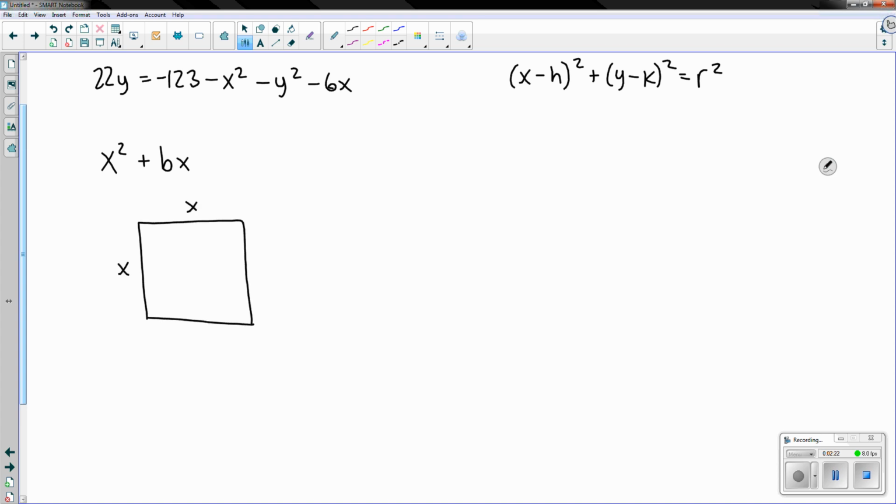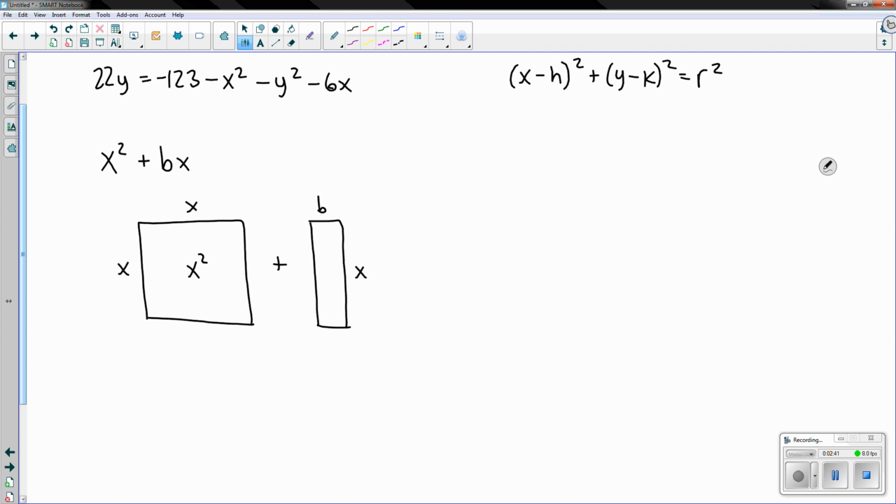So imagine I have a square x by x. Its area formula would be x squared. The bx looks awfully similar to an area formula for a rectangle that has length x and width b.